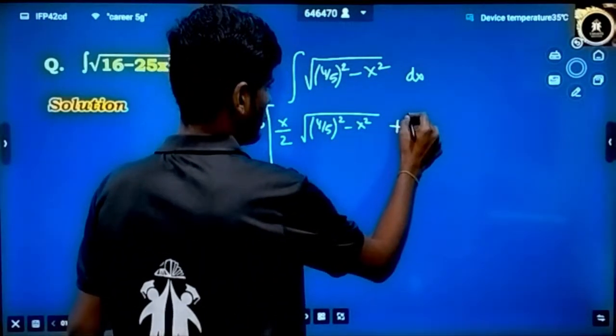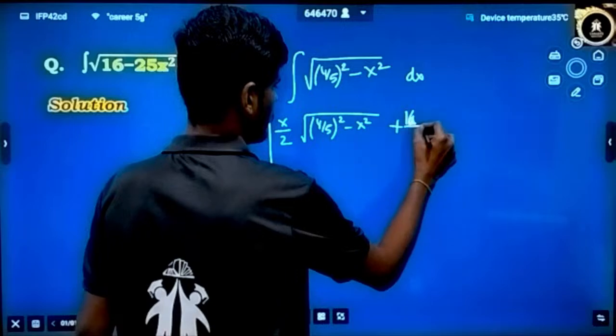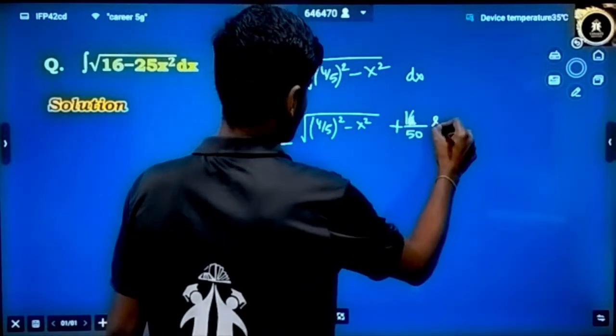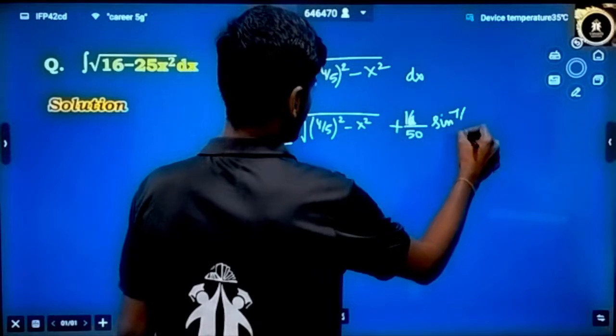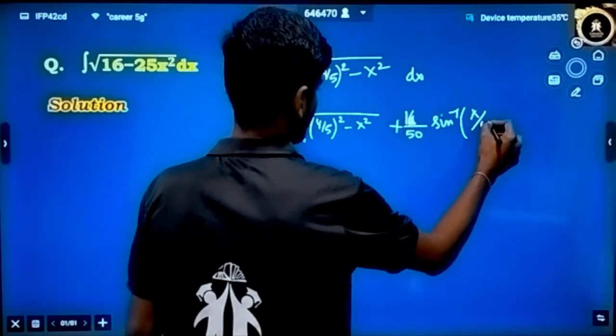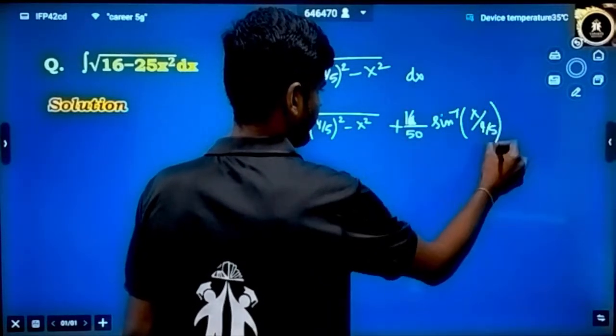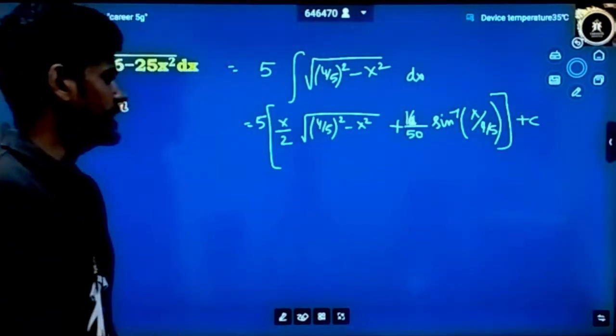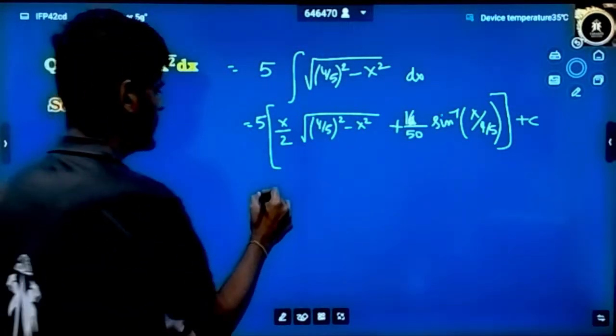So 16 by 25 into 2 is 16 by 50. Sin inverse of x by a, x by 4 by 5, plus constant of integration.